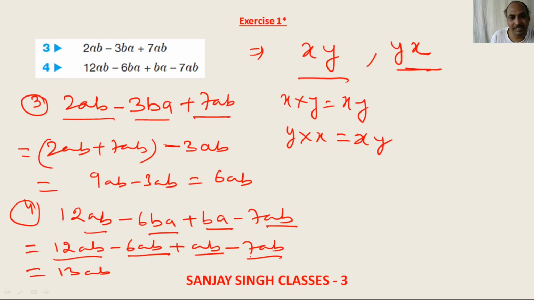But the bigger number is 7 having negative sign, so minus only will be there, but addition will be there. So minus 7 plus 6, it will become 13AB. And this 13AB minus 13AB will become 0. Same to same, 13AB, 13AB. If we are going for subtraction, it will become 0.